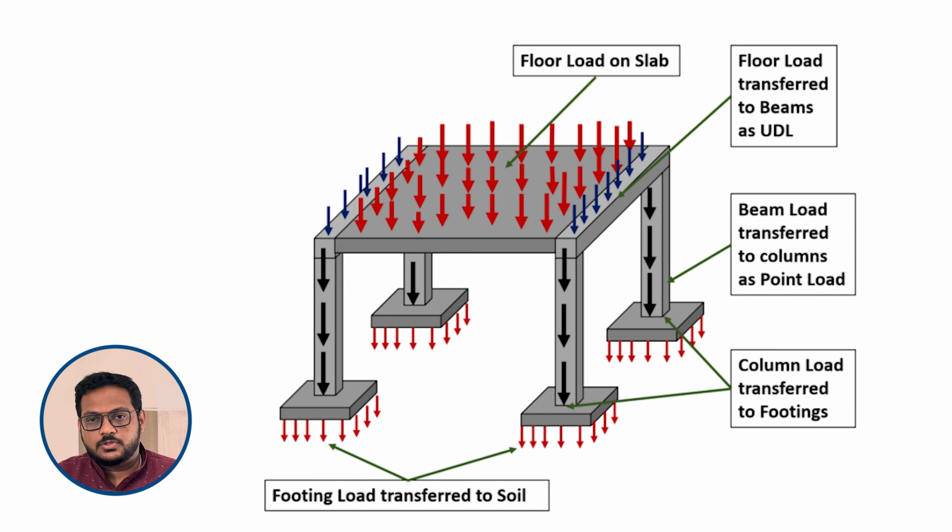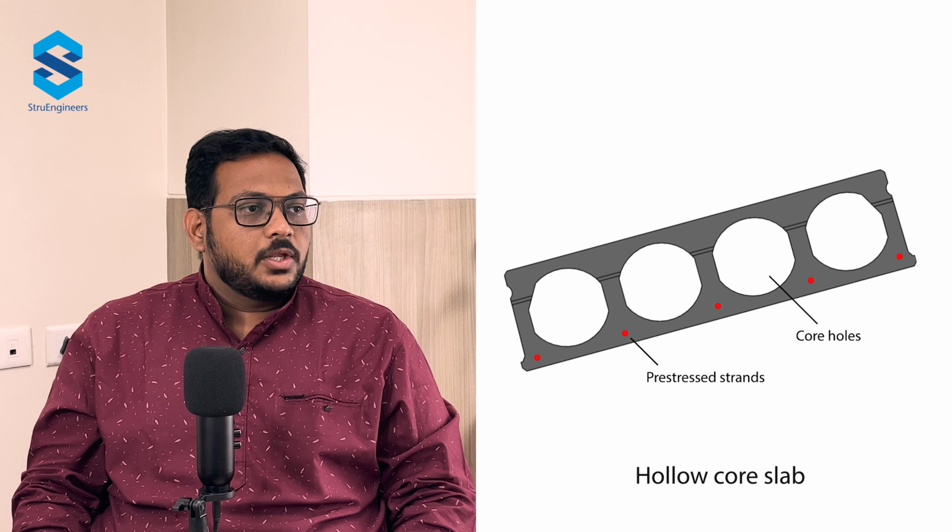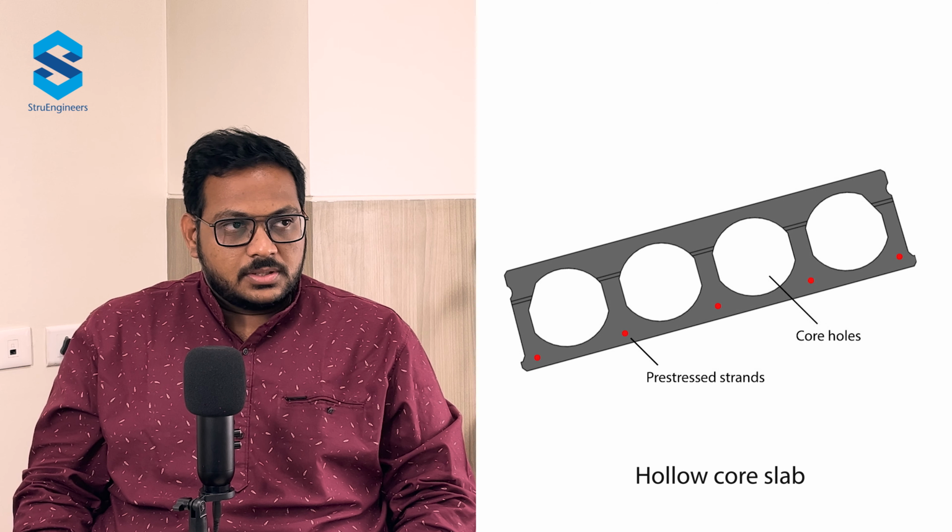But in that, it's very simple. A slab is always a slab which transfers the load to the beam, and that beam carries the load to the column, and the column to the foundation. That's the very basic thing about the slab. But when we design a structure, it totally depends on how the structural shape is. If you can see, the hollow core has many holes in it, and it is pre-stressed.